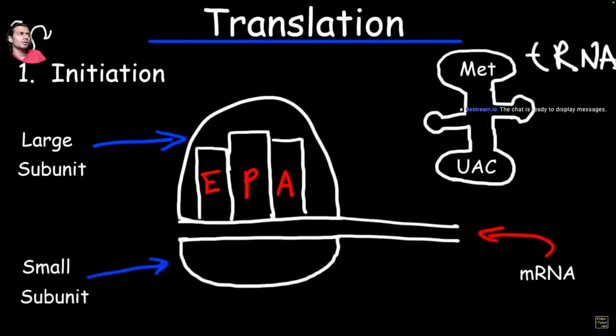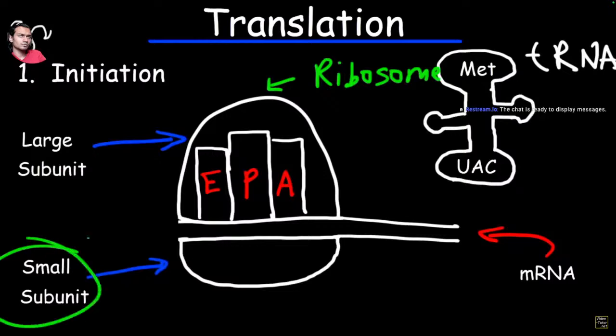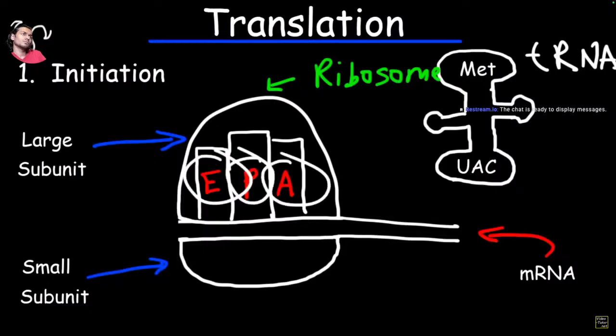Translation, like transcription, occurs in 3 steps: initiation, elongation, and termination. So here in this picture, we have a ribosome, which is composed of 2 subunits, the small subunit and the large subunit. And the ribosome has 3 active sites: the E site, the P site, and the A site.